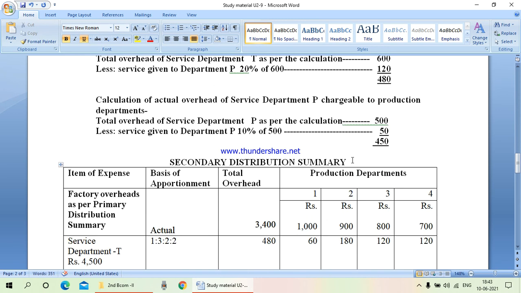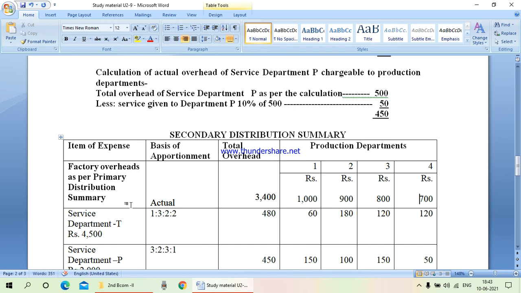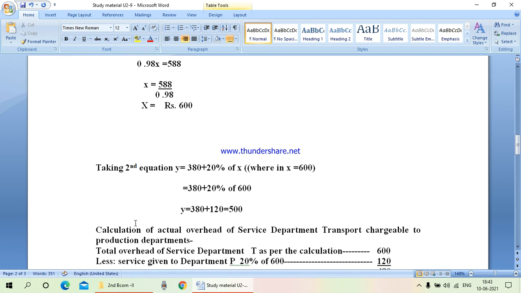Now preparing the secondary distribution summary: item of expense, basis of apportionment, total overhead, production department. First of all, we have to take the total overheads, actual overhead given in the problem. See, 1 is 1000, 2 is 900, 3 is 800, and 4 is 700, totally 3400. Now, the service department transport.